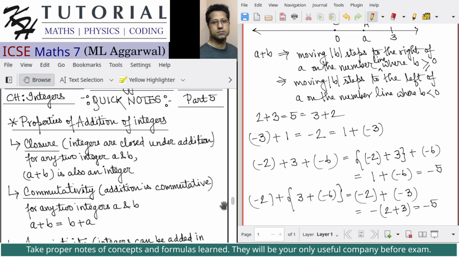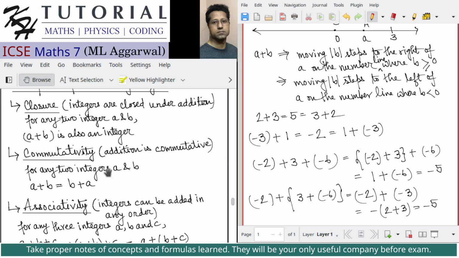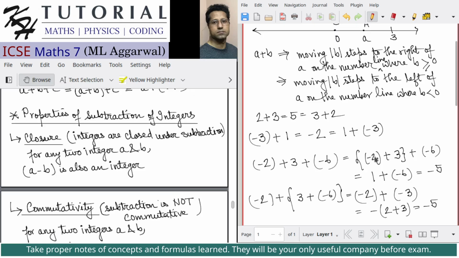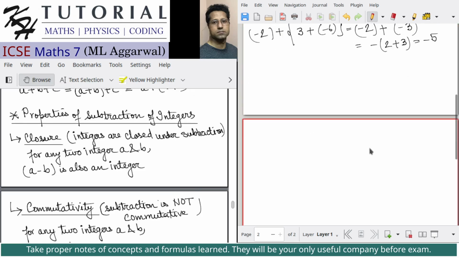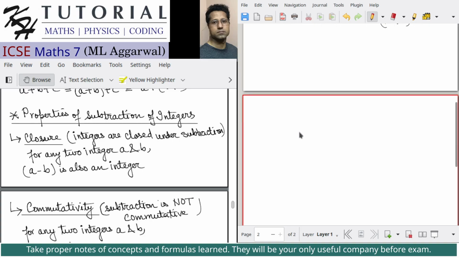Okay, now we need to understand these three properties regarding the subtraction of integers. Closure property: subtraction of integers is also closed, which means that integers are closed under subtraction, which means that if there are two integers a and b, the result of the subtraction of a and b, that is a minus b, will also be an integer.